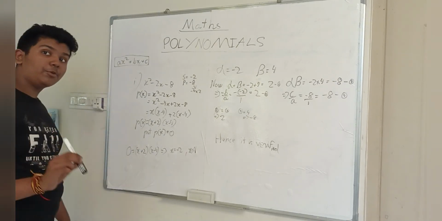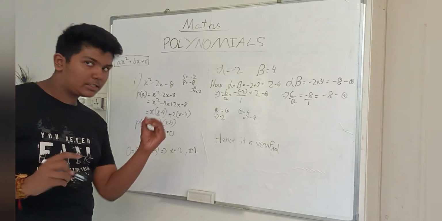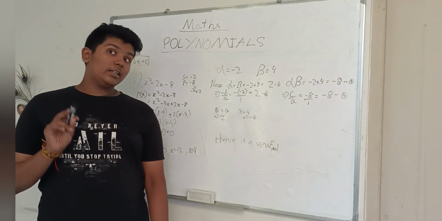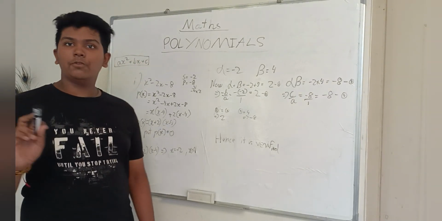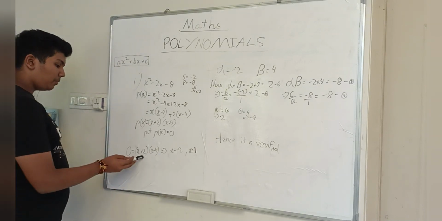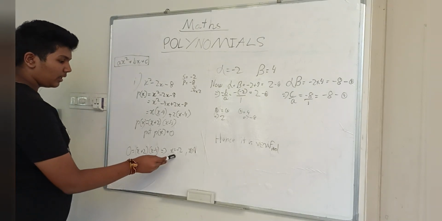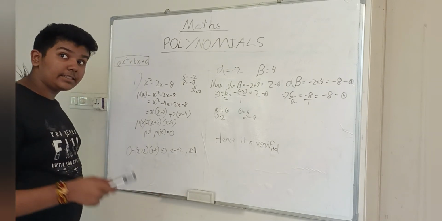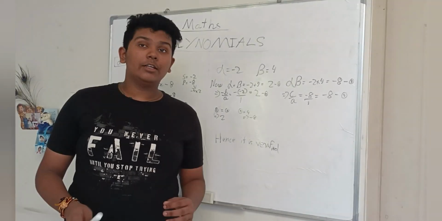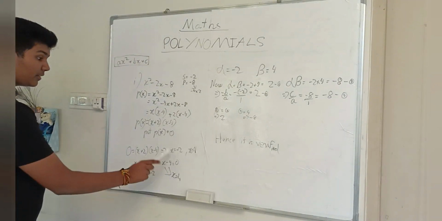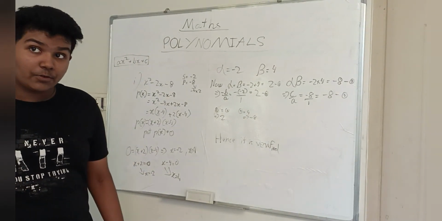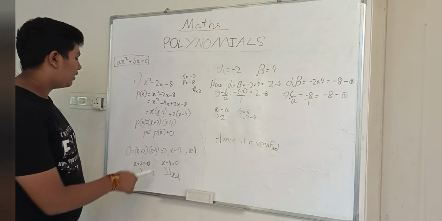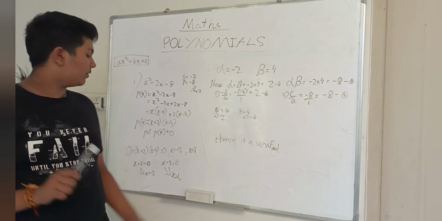Now we have to put p of x equal to 0. That is 0 is equal to x plus 2 into x minus 4. So if we put x plus 2 equal to 0, x is equal to minus 2, and x is equal to 4. If you have a doubt how I got this: x plus 2 is equal to 0 and x minus 4 is equal to 0.